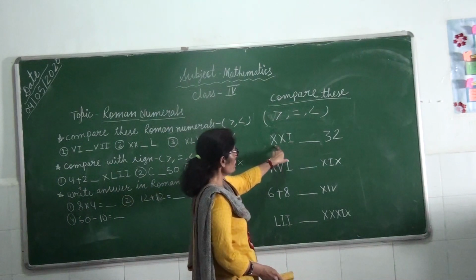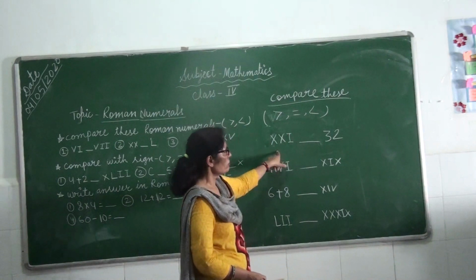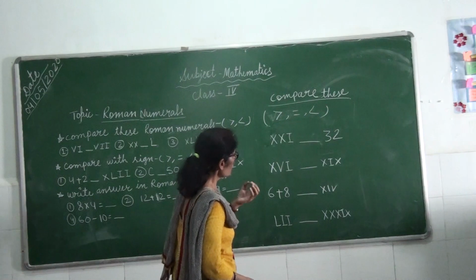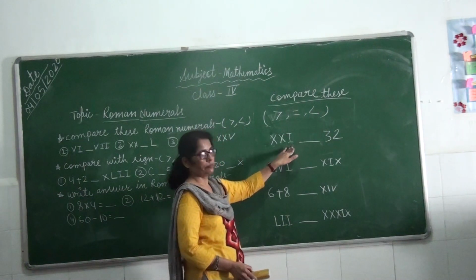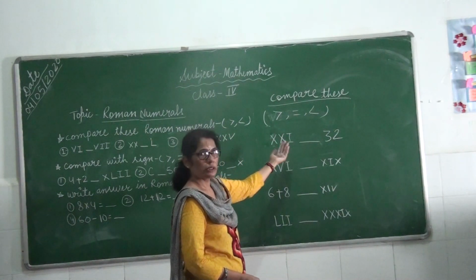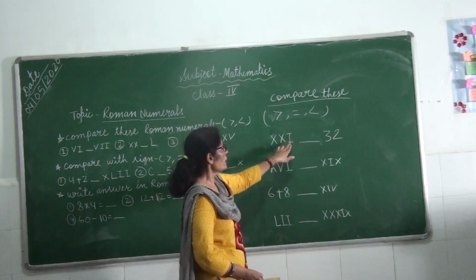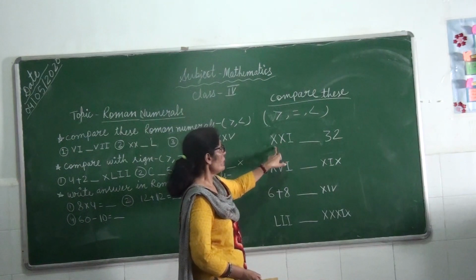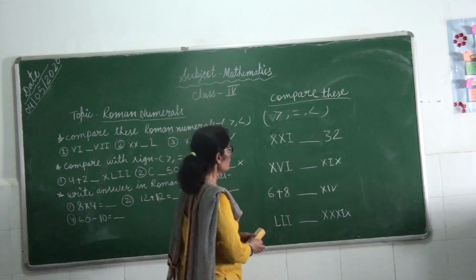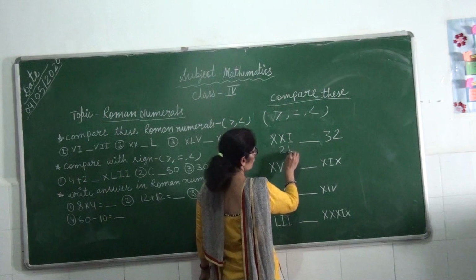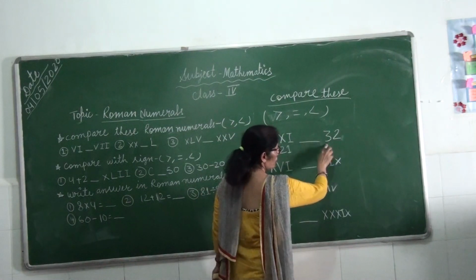First we will convert these Roman numerals into numbers so that we can see what number is written there. क्या नंबर यहाँ पे लिखा हुआ है? सबसे पहले हम इसको numbers में convert करके देखते हैं. XI is 10, 20 and 1. The number will be 21 and here is written 32.